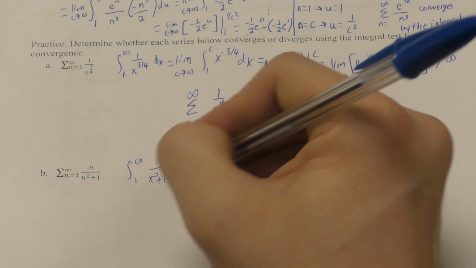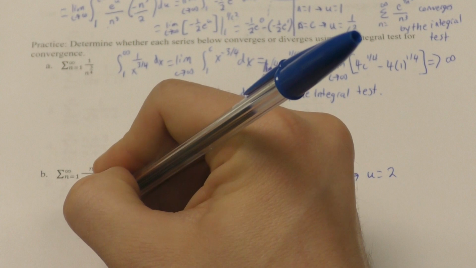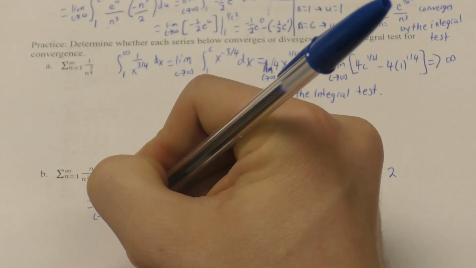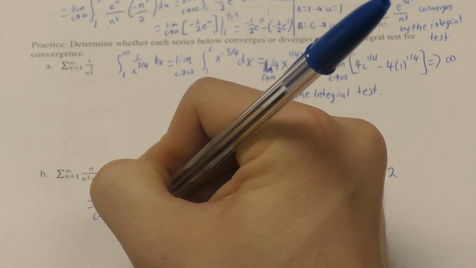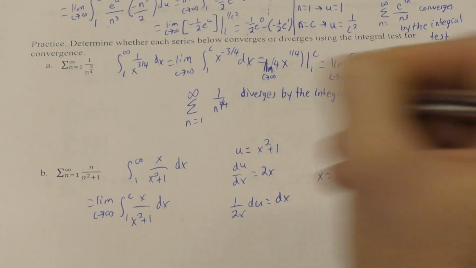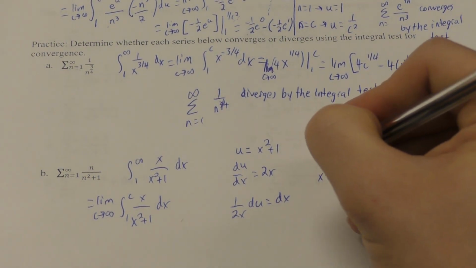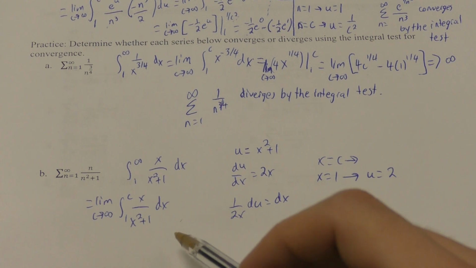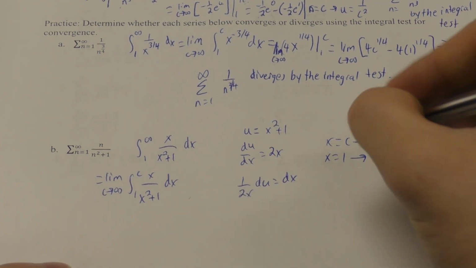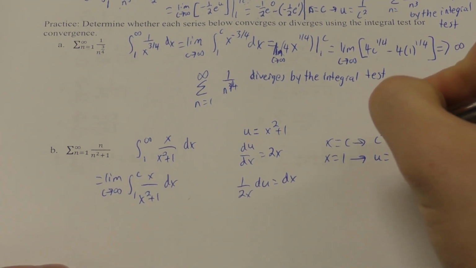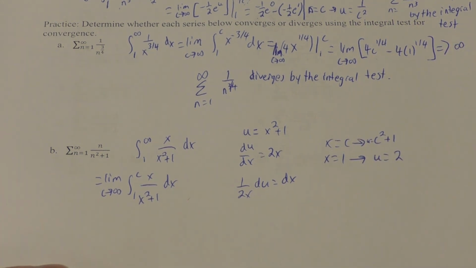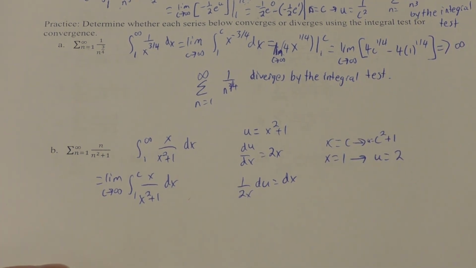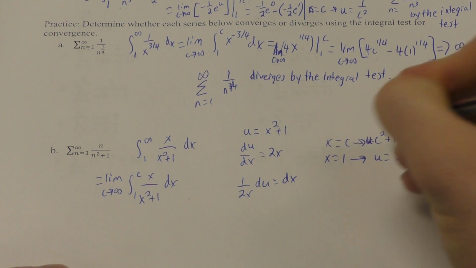Oh, I forgot to write out my limit. I'm cheating. The limit of the integral from 1 to c of x over x squared plus 1 dx. So when x is c, my equivalent u value would be c squared plus 1. That's my equivalent u value.